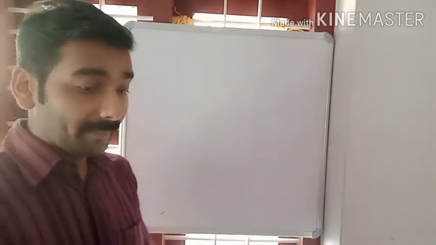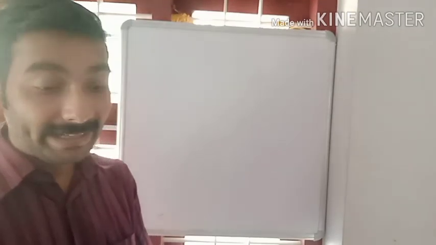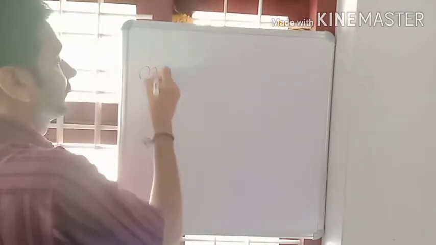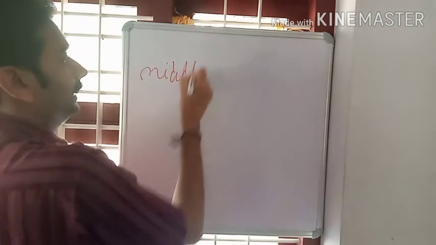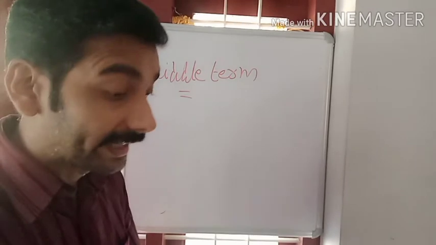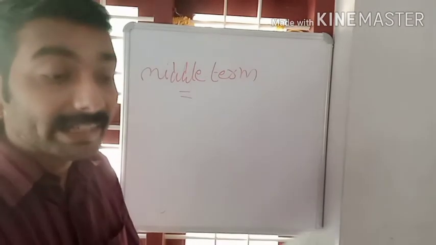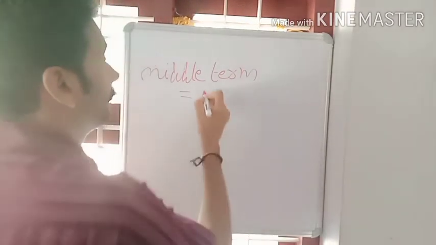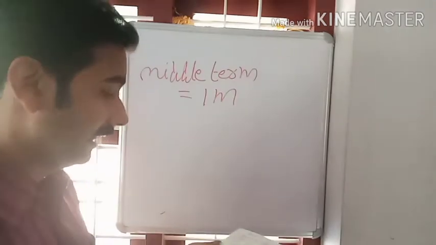Then we find the middle terms. Middle terms means second and third. That means 1 meter and rupees 40.